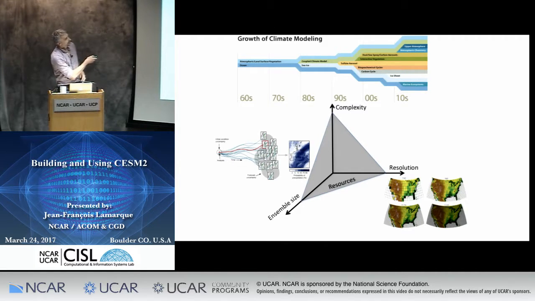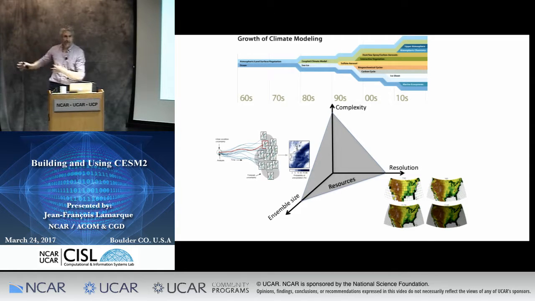So there is this evolution towards more and more complexity, and at the same time, we know that increasing the resolution enables the model to represent explicitly more and more features. And so there is always the tendency of increasing the resolution, with the hope, and it's not always fulfilled, at least not initially, that it improves the quality of the model.